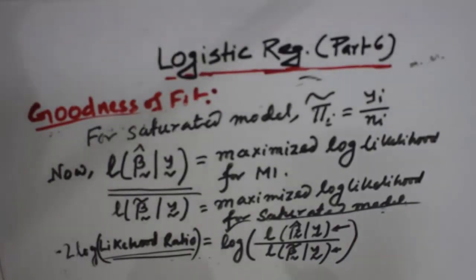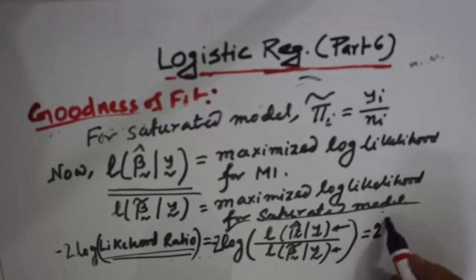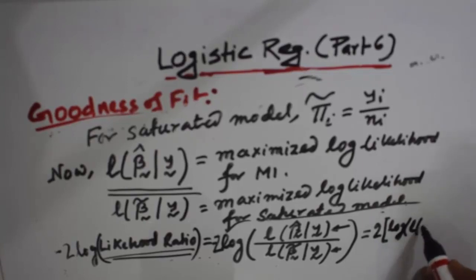Minus 2 log likelihood ratio is equal to 2 times log L beta tilde y curl minus log L beta hat curl y curl.